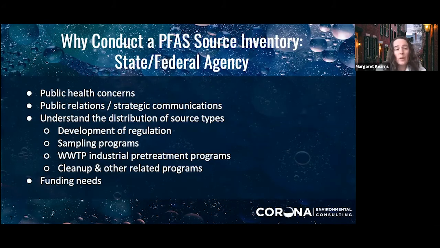You may be working with wastewater treatment plants, trying to develop industrial pretreatment programs, or looking at cleanup programs or other related programs, and the funding needs for all of these. The extent of contamination and locations of potential PFAS sources can be a big driver for how big an issue this is, and to what extent you need to go with these different types of programs.